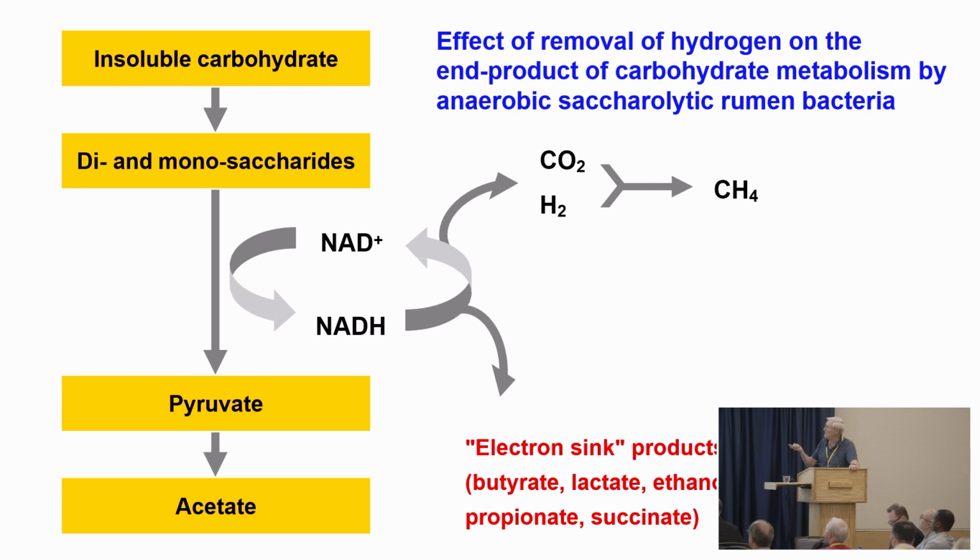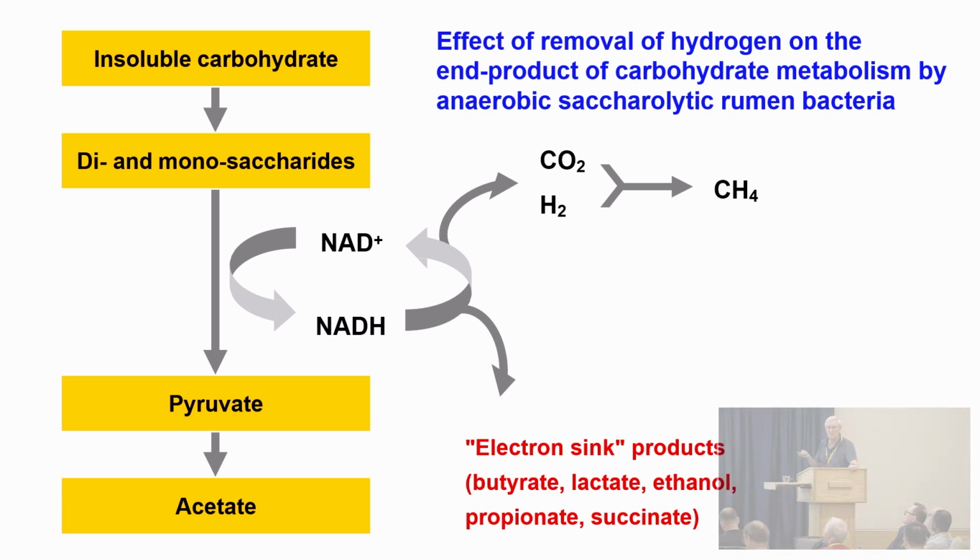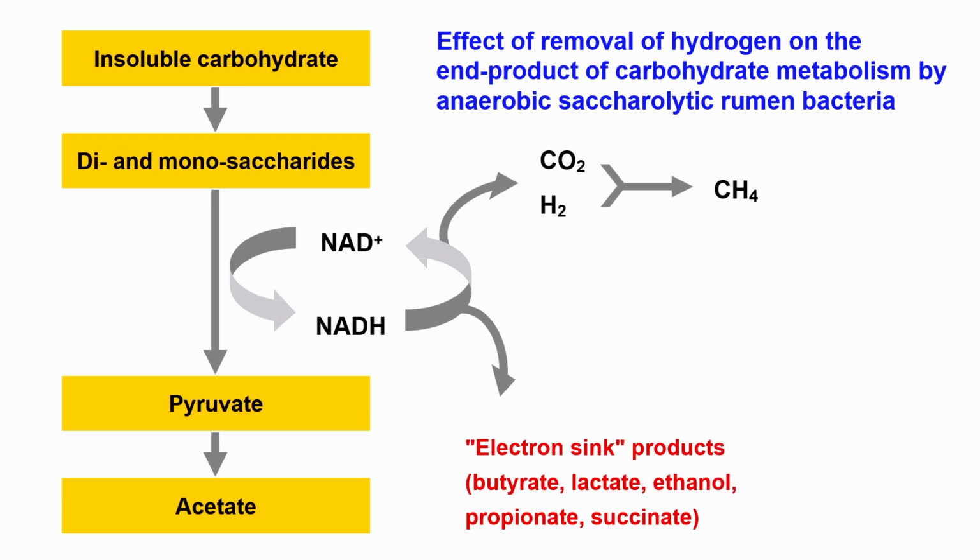And if that redox balance changes, there's a problem. And so to make this whole ratchet work and turn, we need to dispose of those electrons. And we do that mainly in the rumen by using hydrogen to reduce CO2 and make methane.